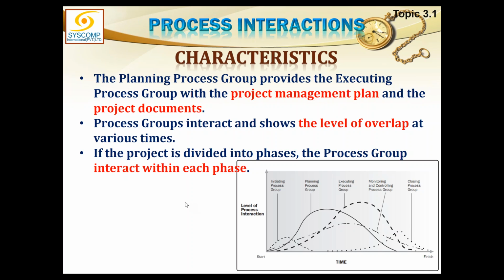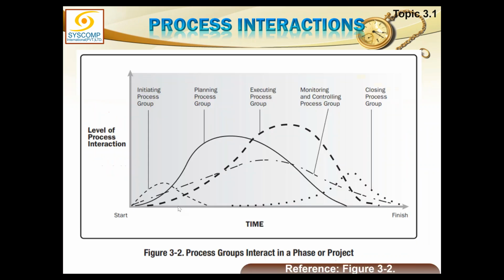That is one of the main reasons that they are not called the phases. So in this diagram, I have enlarged this thing. You can see these cycles, and this is just a proof from my side that these 5 process groups are not the phases, because they have a lot of overlap and they cannot be done in a sequence.